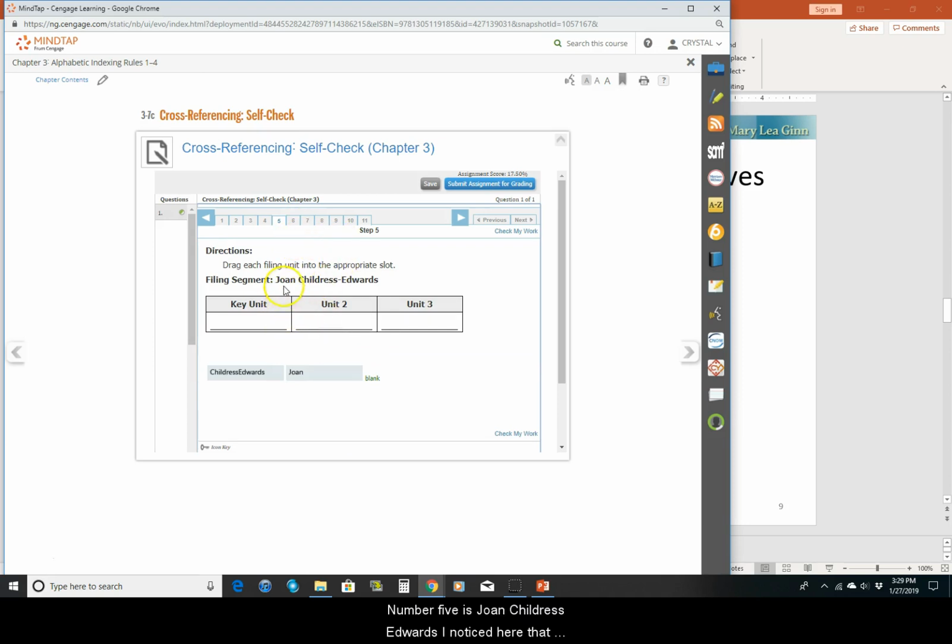Number 5 is Joan Childress Edwards. Now notice here that we have a hyphenated name, so that tells us that we're going to put the maiden name and the married name together, so they become one unit, Childress Edwards, Joan.